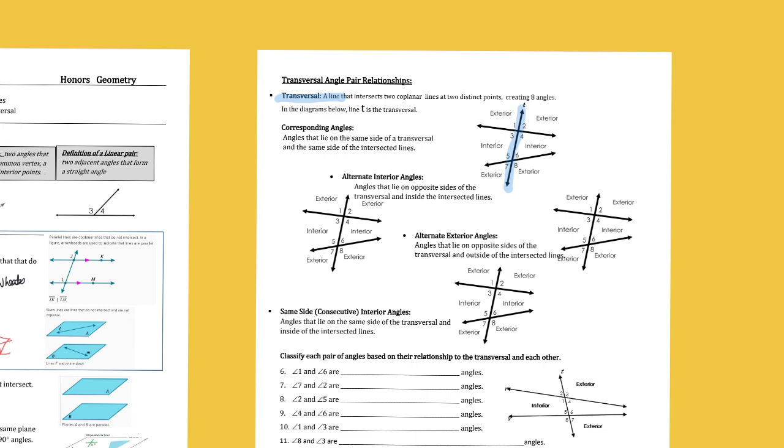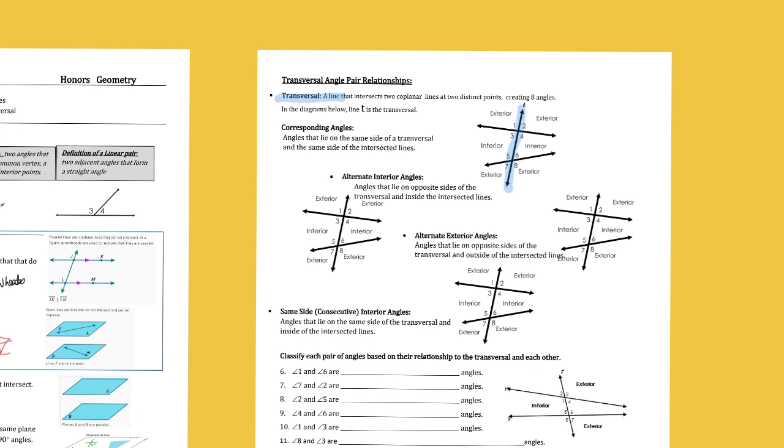So we've got corresponding. If you correspond with somebody, you're writing them letters. Another thing to think about is where you sit in all of your classes. Do you have any 2 classes where you sit in the same relative position, like the front right? Maybe you sit in Spanish class in the same spot as you sit in my class. Corresponding is the same relative position.